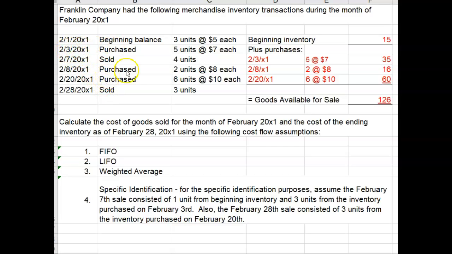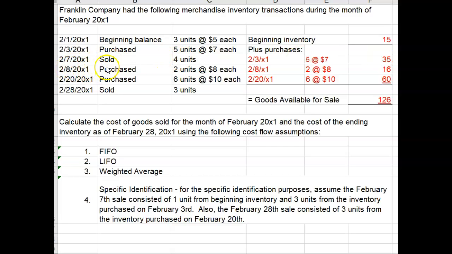Let's take a look at the purchases because in our other formulas, beginning inventories plus purchases equals goods available for sale. And I want to calculate the amount of goods available for sale throughout the entire month. So on February 3rd, we purchased 5 at a cost of $7 each. That's $35.